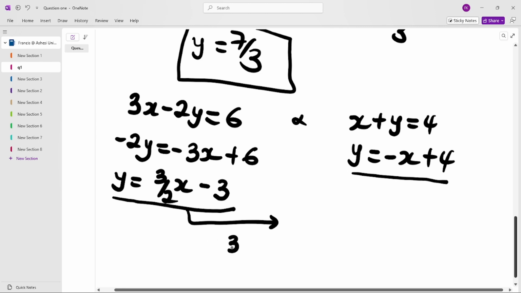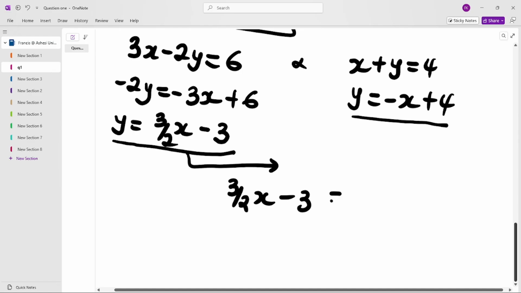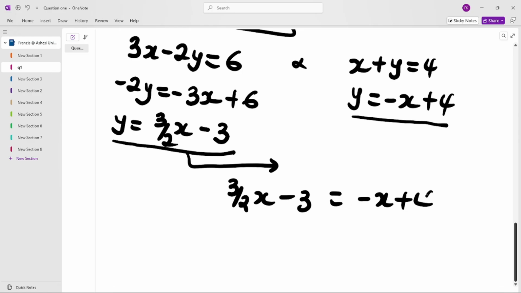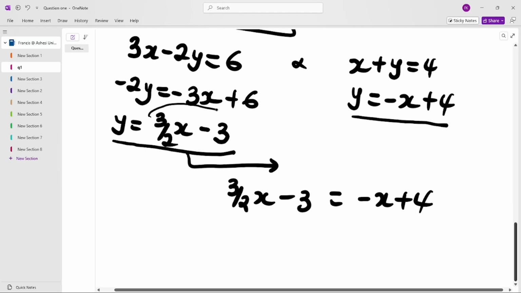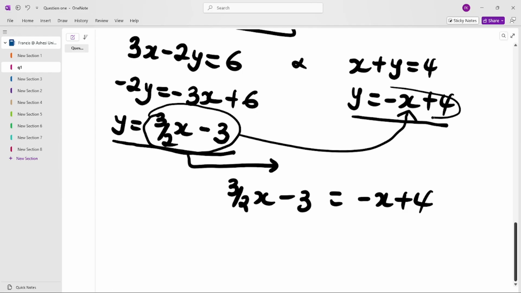So it becomes 3 over 2 x minus 3. That will be equal to negative x plus 4. So I'm taking the y expression from here and equating it to the y expression from here, basically. And from there, you now find the value for x.